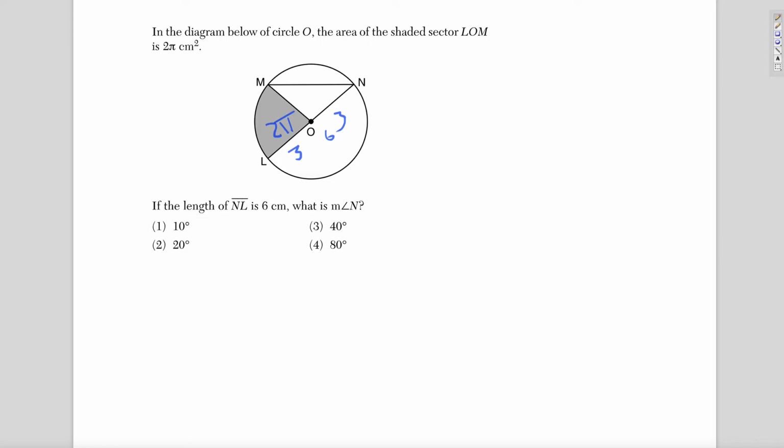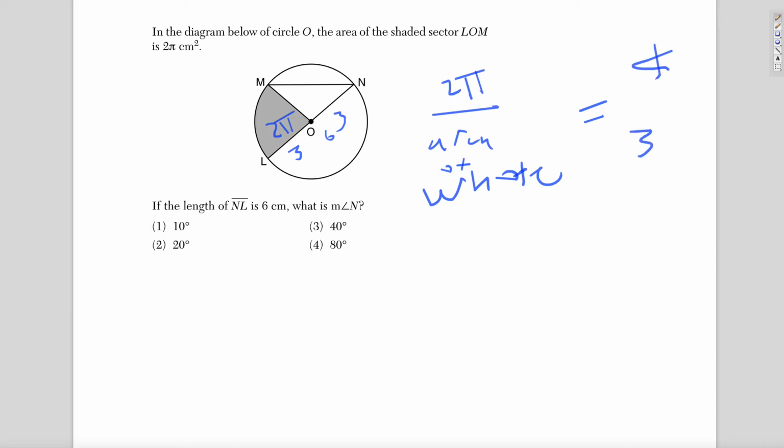We have the area of a small piece. So the rule is area of a part over area of the whole equals angle over 360. Okay, and we could find the area of the whole, right? So what's the area of the whole? It's pi r squared, 9 pi.